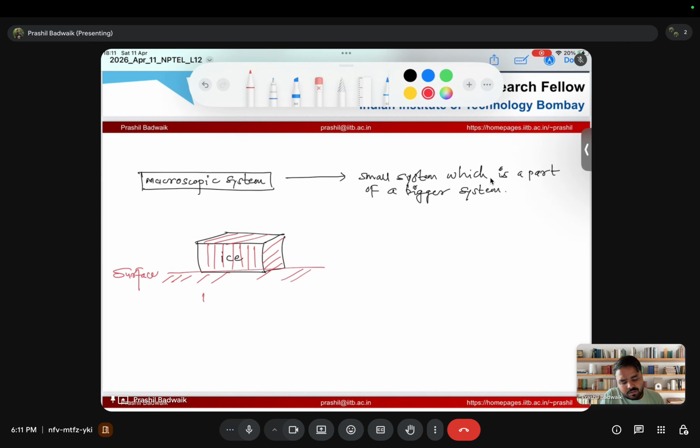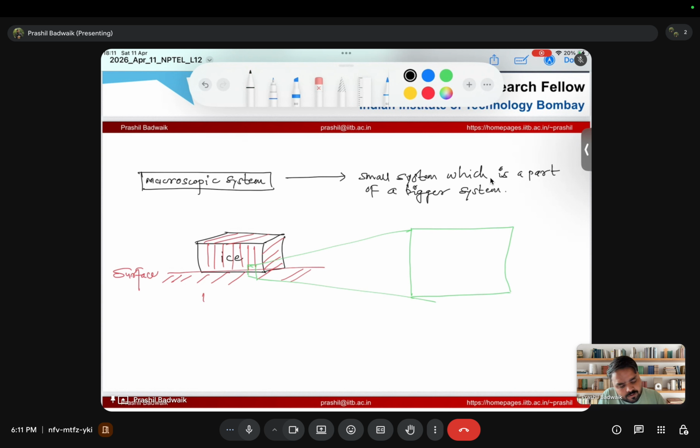So this is a piece of ice that is kept on a surface. What we are essentially doing is we will take a very small part like this. What do you see?